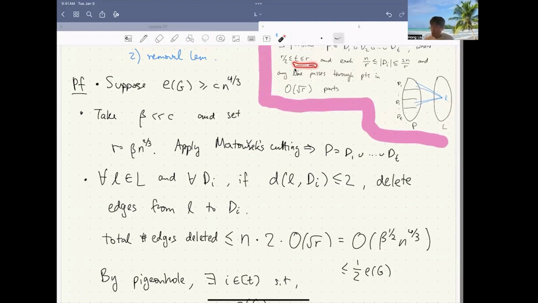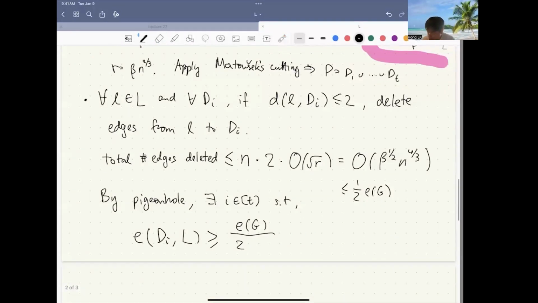But T is at most R, so this is at least E(G) over 2R.